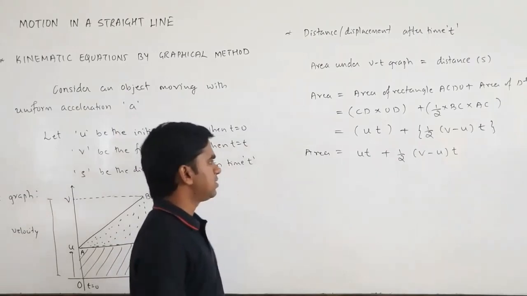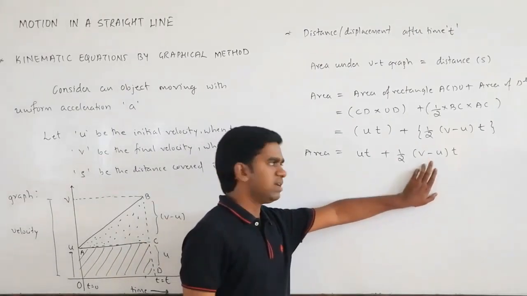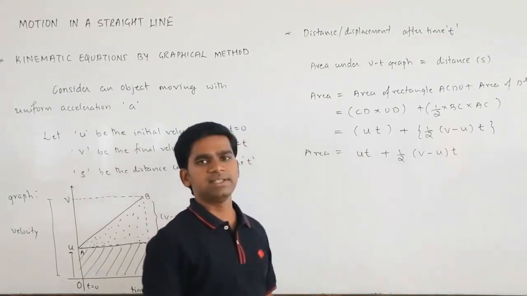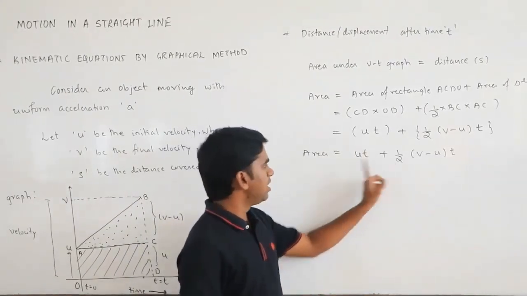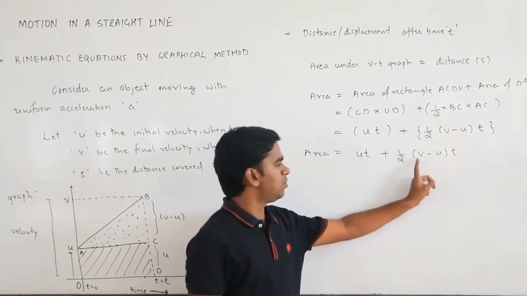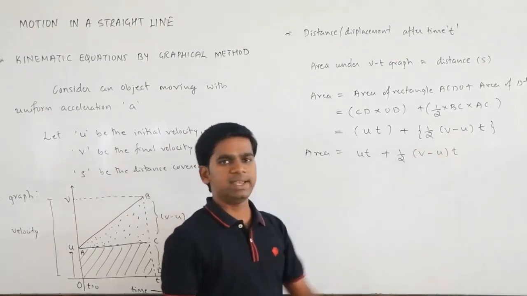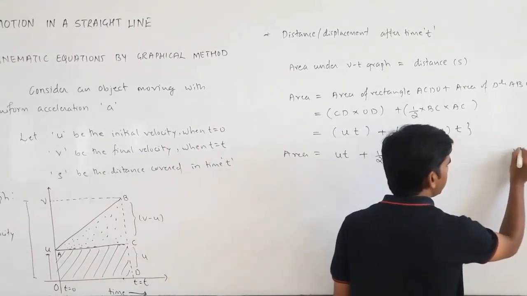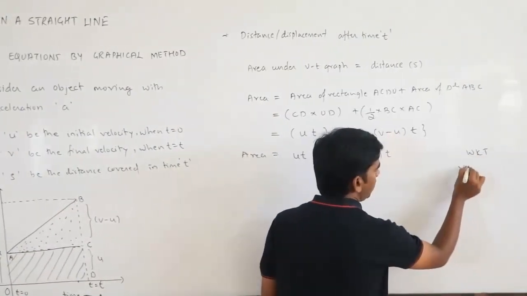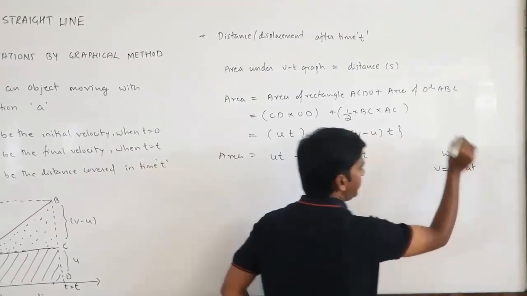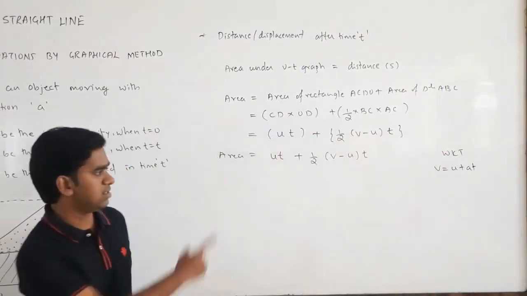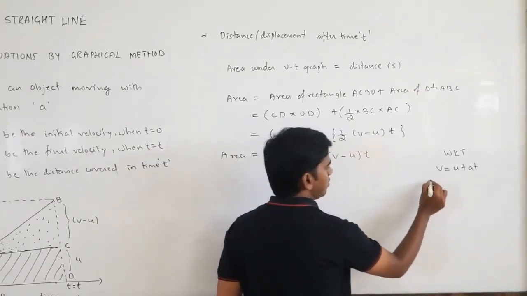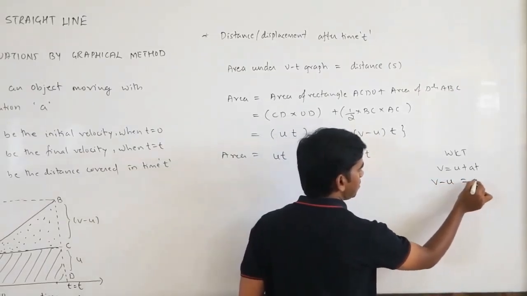So UT plus, what do you want here? You want A here, AT, so that the equation becomes S equals UT plus half AT square. UT is there, half is also there, but one T is there and you want one more AT. You already know that V equals U plus AT, from the first equation we have already derived. So V minus U equals AT.